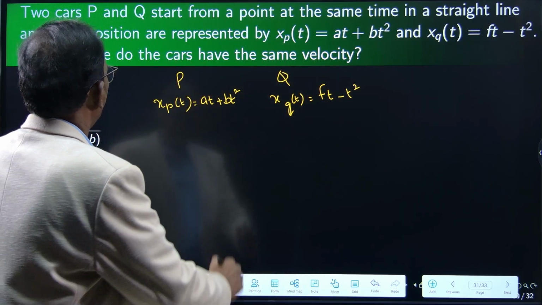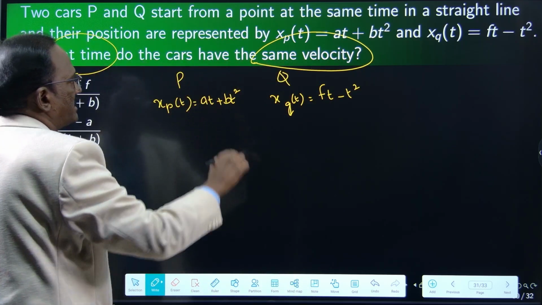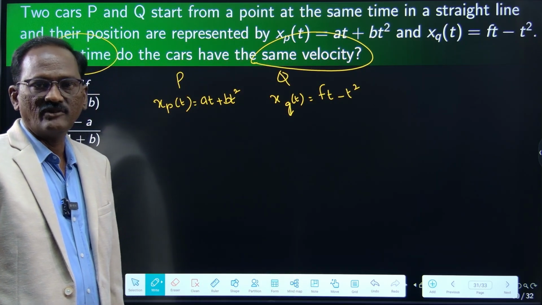At what time do the cars have the same velocity?